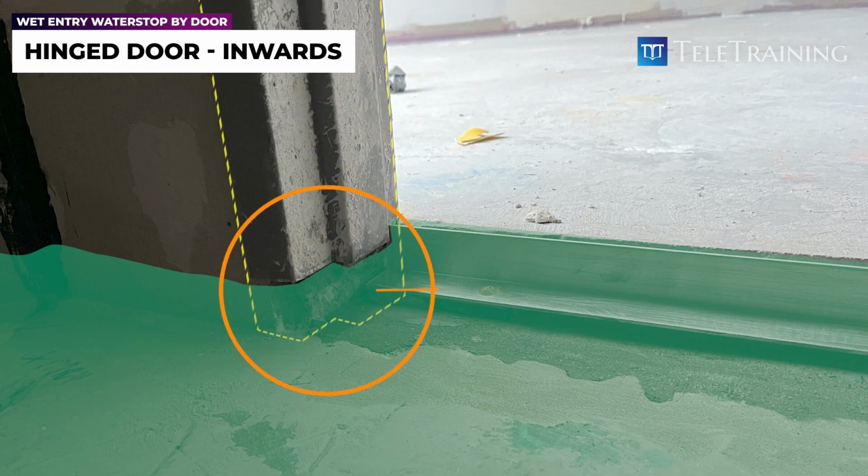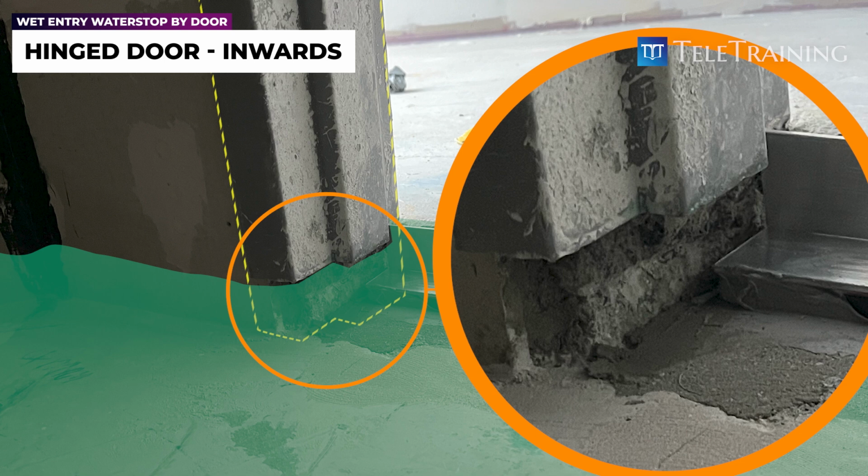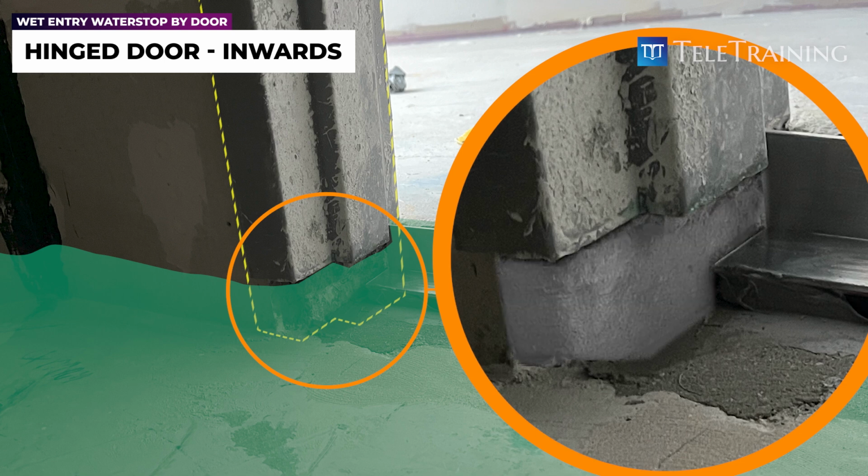However, because the wall beneath the door jamb is uneven or damaged, it must first be patched before applying sealant at the junction between the water stop and the wall. Additionally, it is essential to properly seal the edge of the water stop with sealant at the junction where it meets the wall. This step is critical to maintaining the integrity of the waterproofing system. Note that there are several other issues with this installation, which will be discussed later.